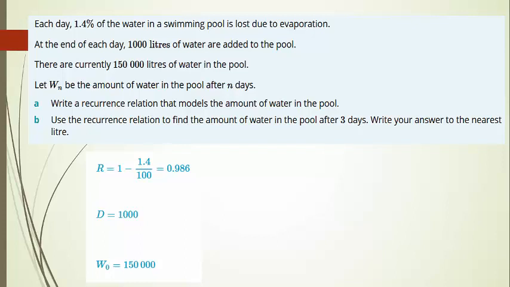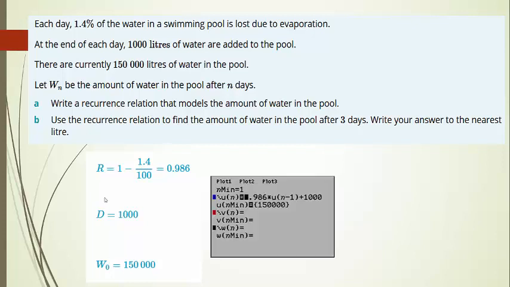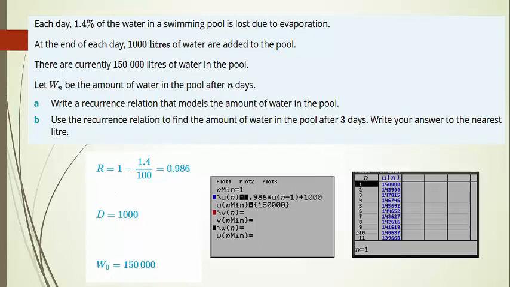D is 1,000, W0 is 150,000. If you put those numbers into the calculator, you'll get 0.986 times U, brackets n minus 1, close brackets, plus 1000. Starting value is 150,000. And then second function table will tell you the values after however many days that you want.